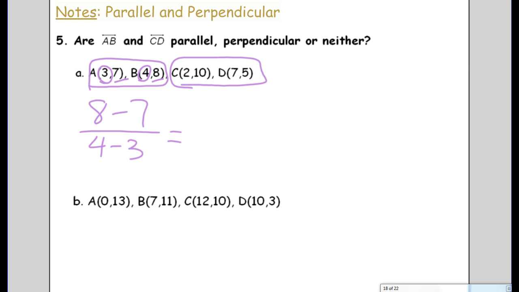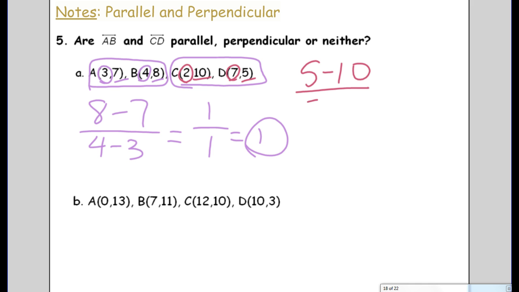What is 8 minus 7? We're not even touching our calculator. What's 8 minus 7? 1. What's 4 minus 3? 1. So the slope of that first one is 1. Next one. Don't you love when there's no negatives? Underline minus underline over circle minus circle. 5 minus 10. -5. 7 minus 2. 5.